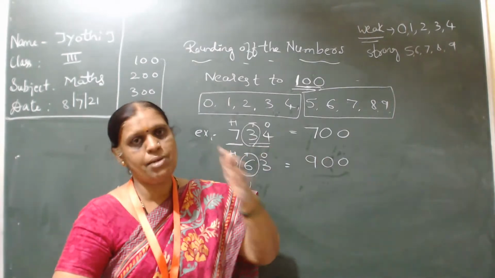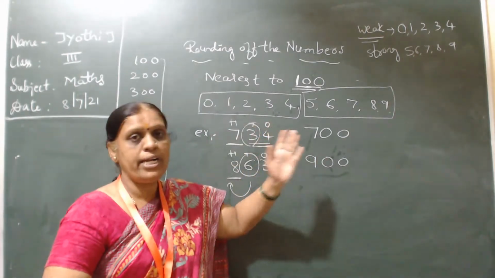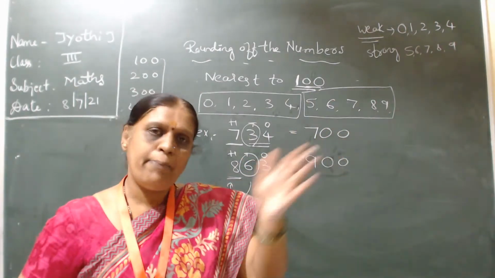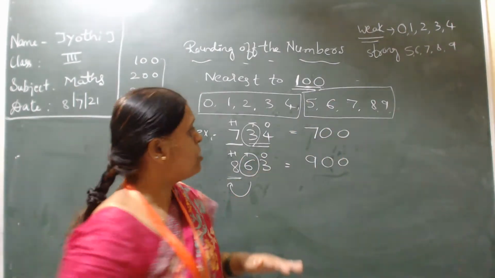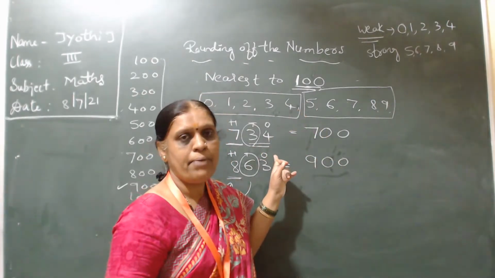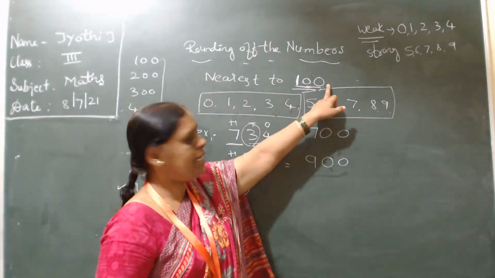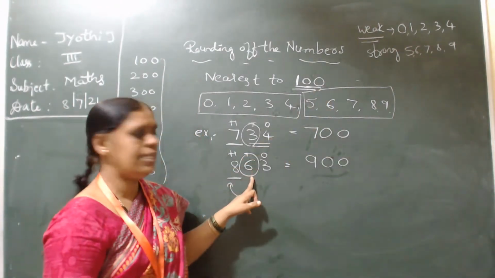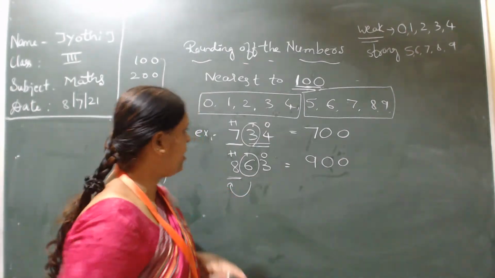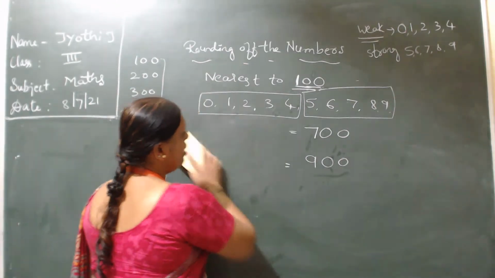Like this the places will increase. According to rounding off to tens, 100 and 1000, the places also change. So nearest to tens means we have to see the number in ones place, nearest to 100 means we have to see the number in tens place. Understand?